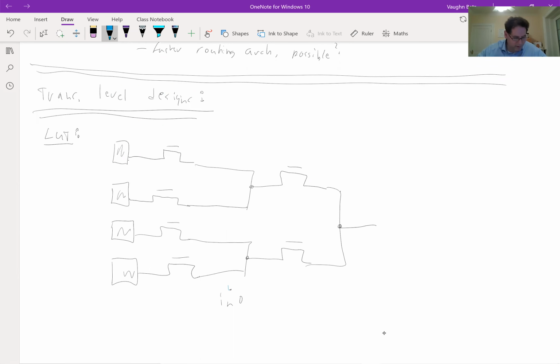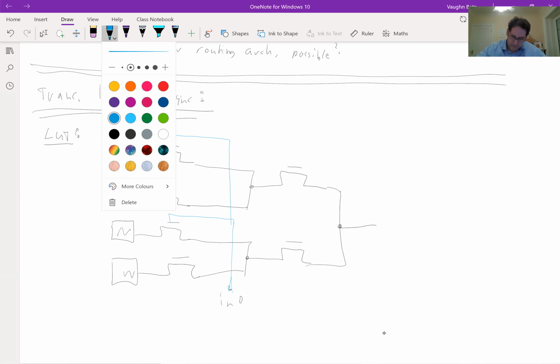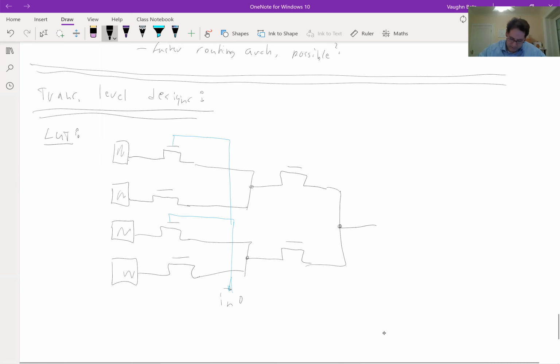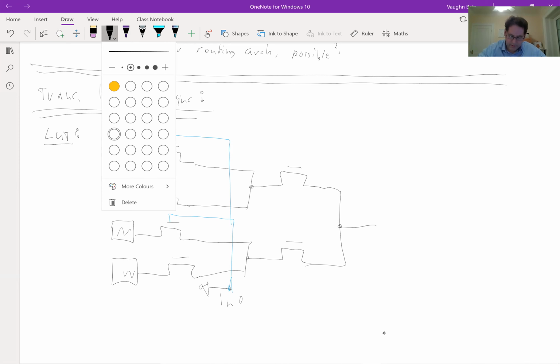Okay, so let's say input 0 is high, I'm going to activate these 2 transistors. If my input is low, I need to invert the input as well.